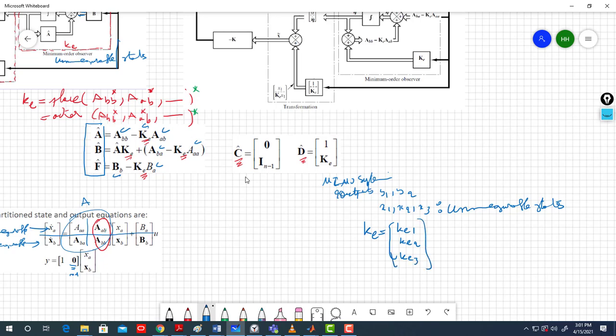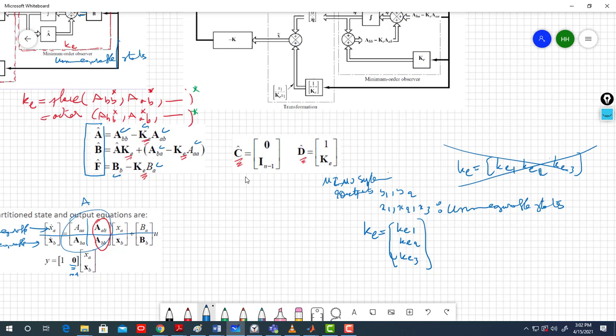It's not anymore, as we always described it, a row vector. It is, for the observer, a column vector. Why? Because it's a transpose of it.